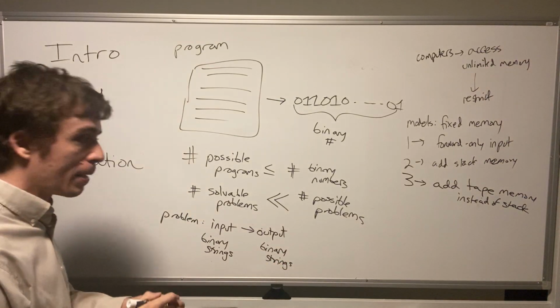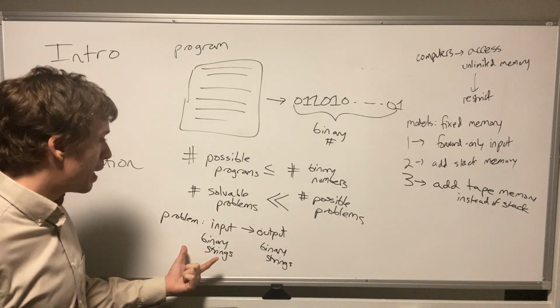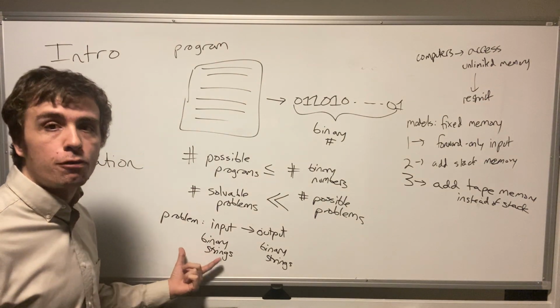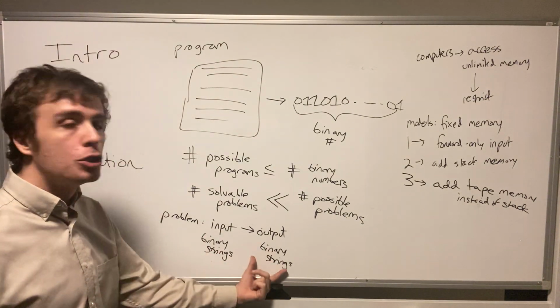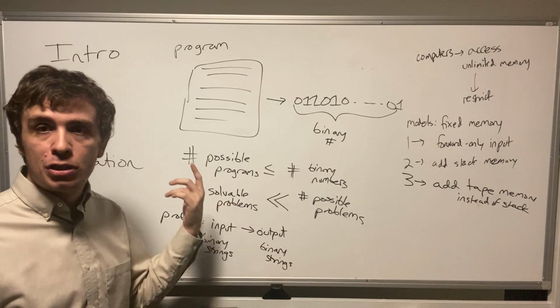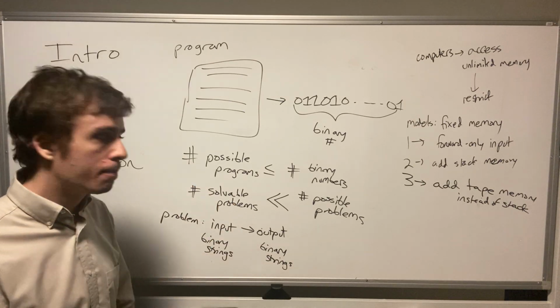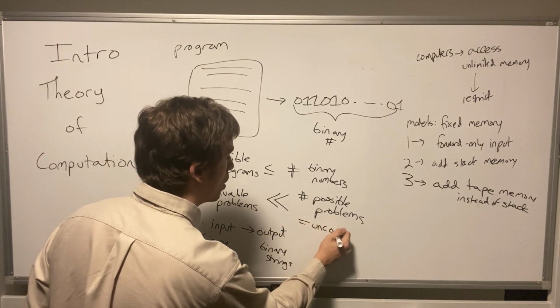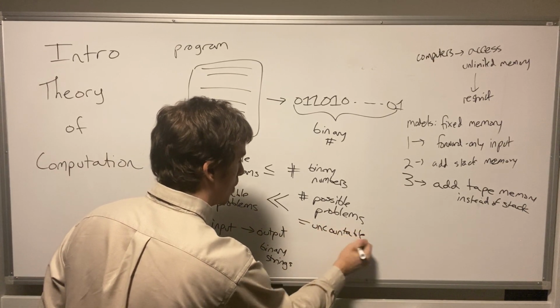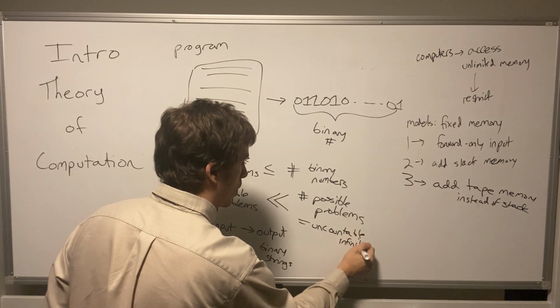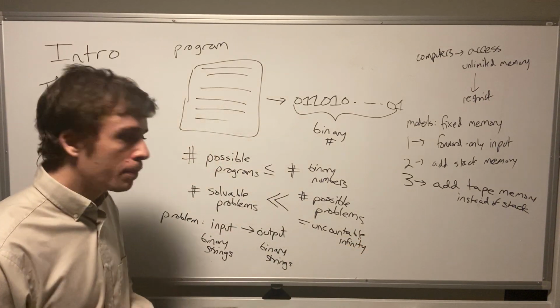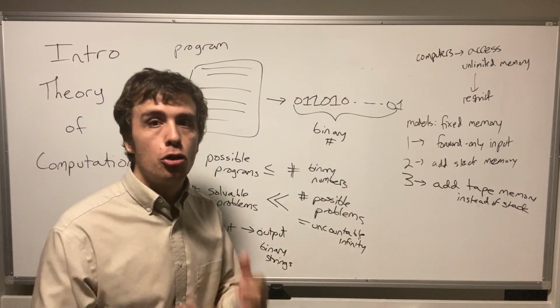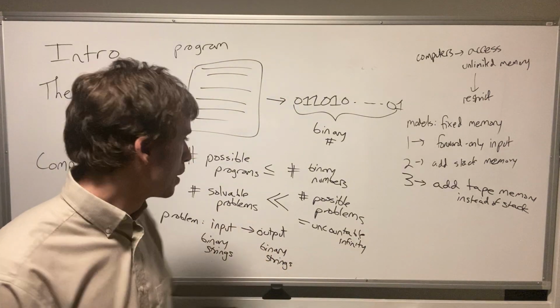So here's the key point. The number of possible functions from this set to this set is an uncountable infinity. So the number of possible problems is an uncountable infinity. I don't really like this term. Uncountable just means that there's no way to list everything.